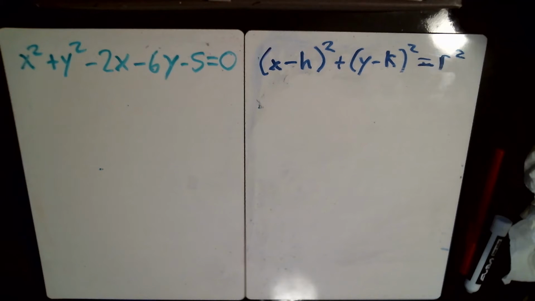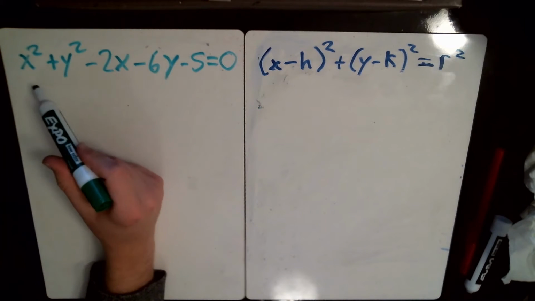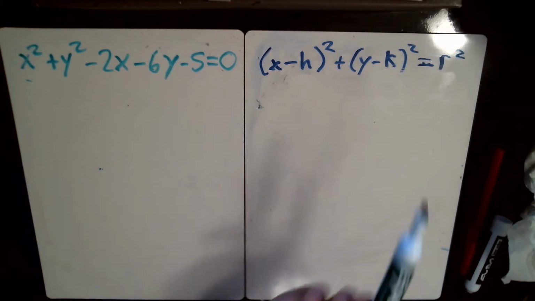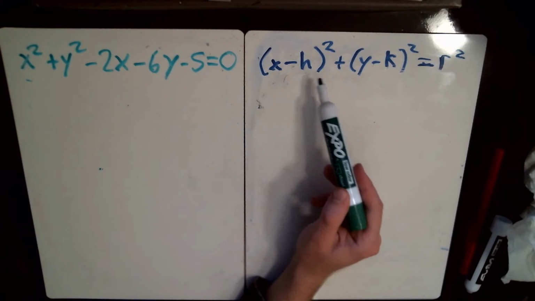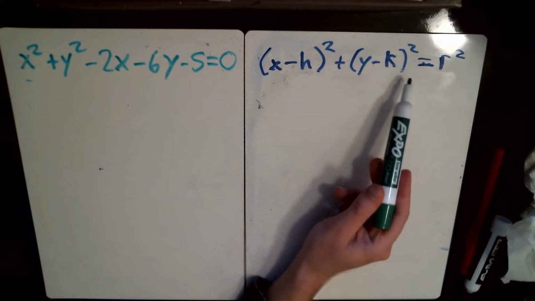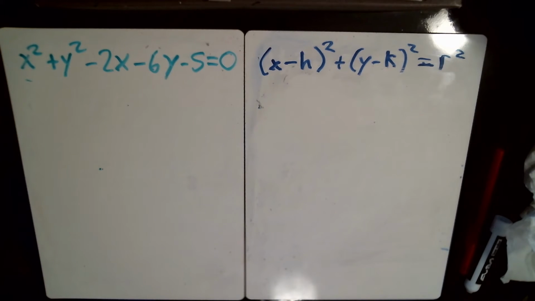How you're going to do this is you want to write this equation like this: as x minus a number squared plus y minus another number squared is equal to some other number on the other side. That's what we want it to look like.